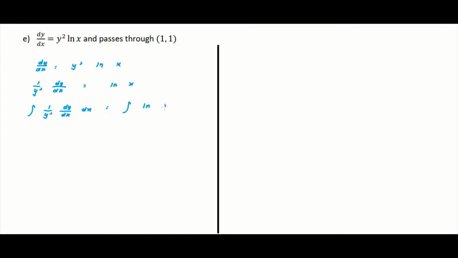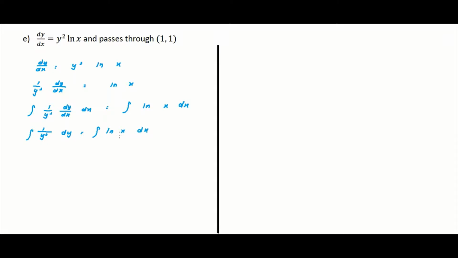Up to this point, you should realize that you will have something complicated to solve, because you can't directly integrate ln x. Let's see how we are going to do that later. So we have the integral of 1 over y squared dy equal to the integral of ln x dx.